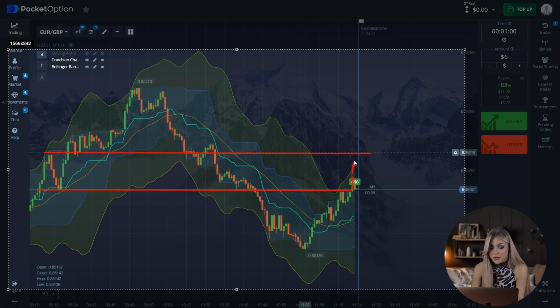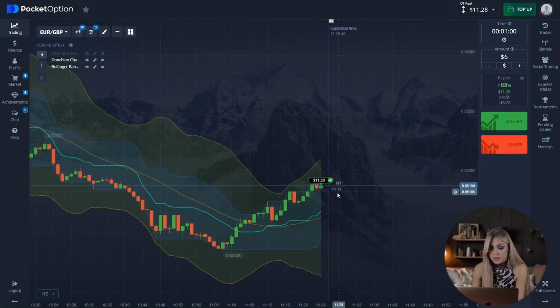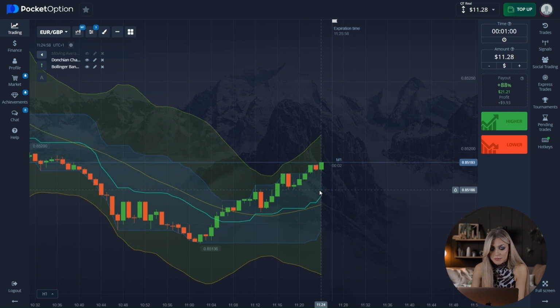Therefore, after breaking through the level, I open a trade for an increase, understanding that there is an opportunity for growth and strong volatility, which we can determine by the expanding channel lines. And such a decision brings me the first profit to my deposit. $11 came in, a good start, but let's look for where else we can multiply this amount several times.